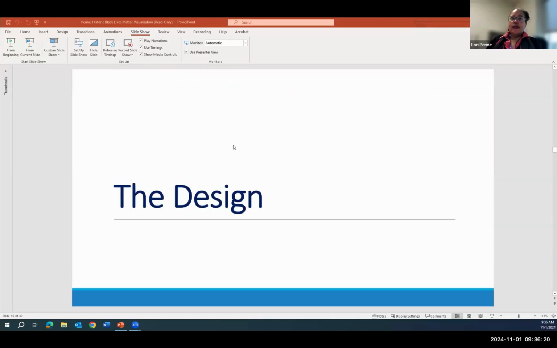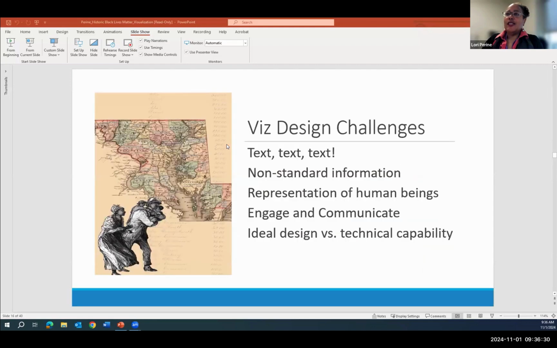And so that's where the Historical Black Lives Matter project really took over the ball in terms of looking at what kind of design we could have to create an interactive visualization of this data to allow discovery.